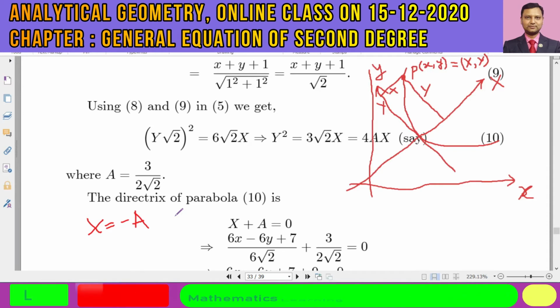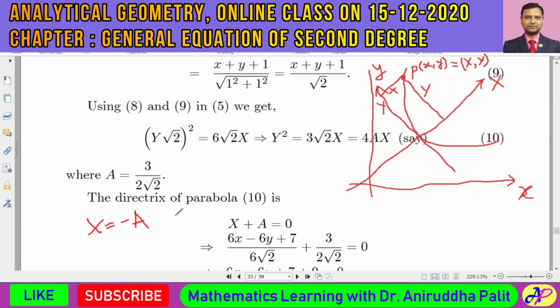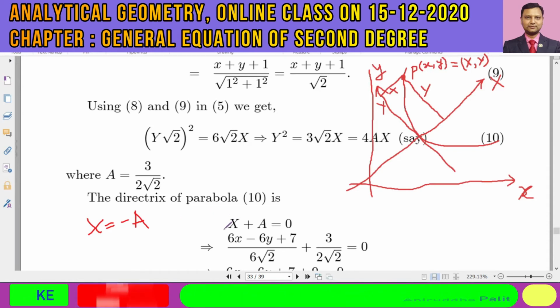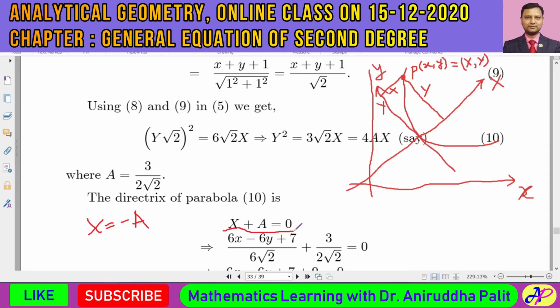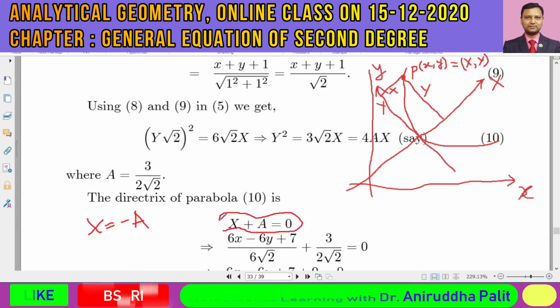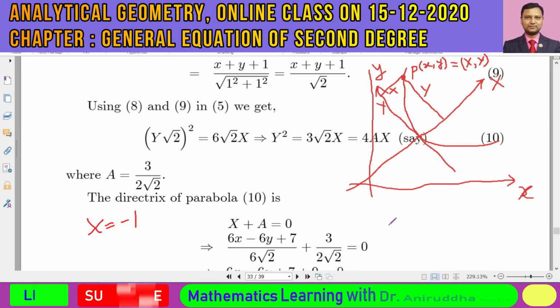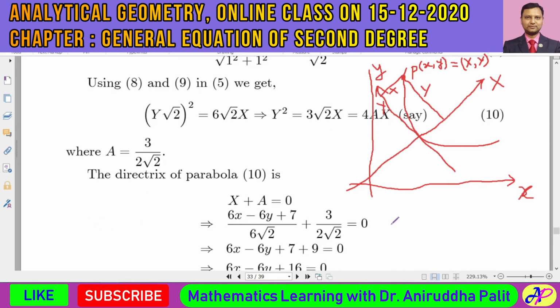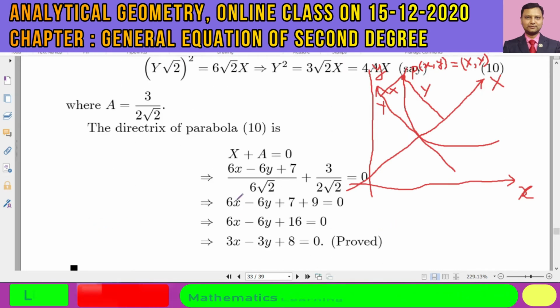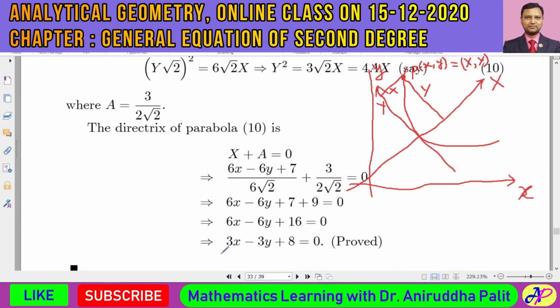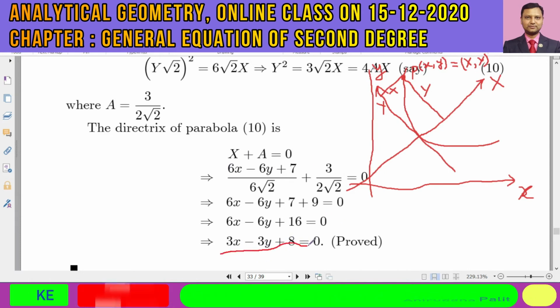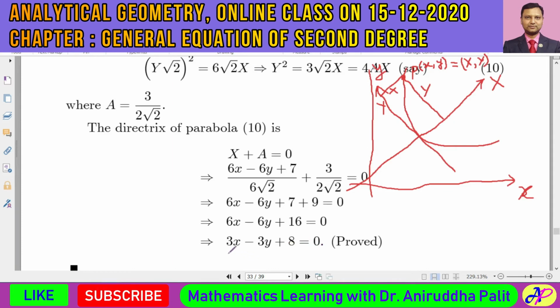বাংলায় যেটাকে বলে নিয়ামক, directrix. So X is equal to minus a, or X plus a is equal to 0, is the equation of the directrix of the parabola. So just put the expression of capital X and the expression of capital A. You will now manipulate all these expressions and ultimately get the equation of the directrix of the parabola.